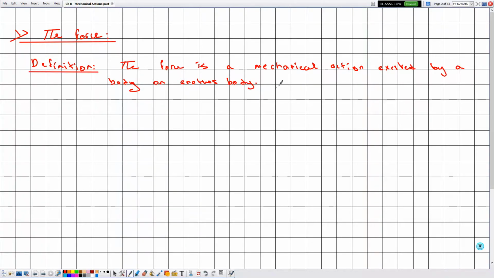Now let's refer to the mathematical definition that we will start discussing, which is given by: the force is represented by a vector F. Now in the first part of this chapter we will stress on the mathematical definition, which is given by the vector.